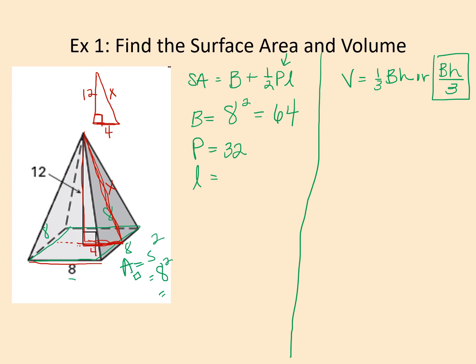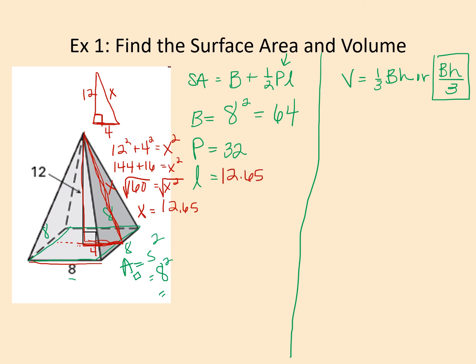To find the hypotenuse, I have to use the Pythagorean theorem. So I'm going to take 12 squared plus 4 squared equals x squared. So I get 144 plus 16 equals x squared, then I get 160 equaling x squared. When I take the square root of both sides in my calculator, I get a decimal of x equaling 12.65.